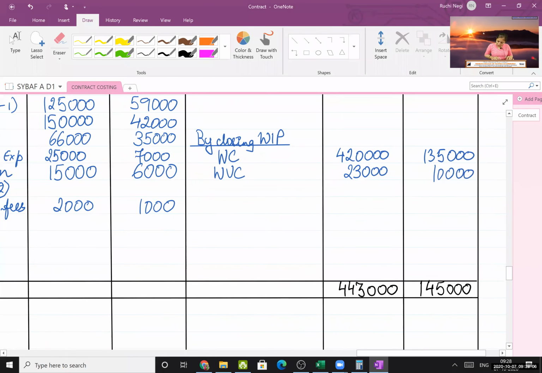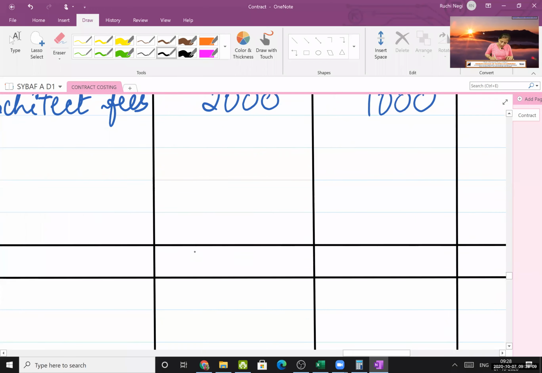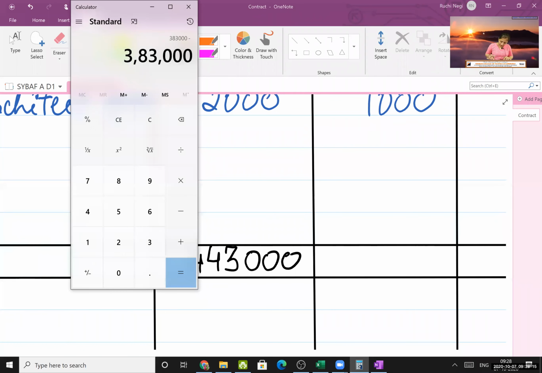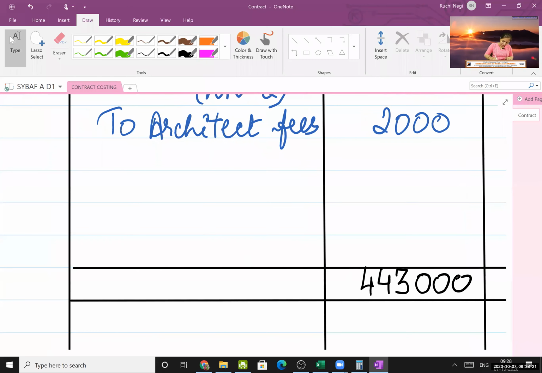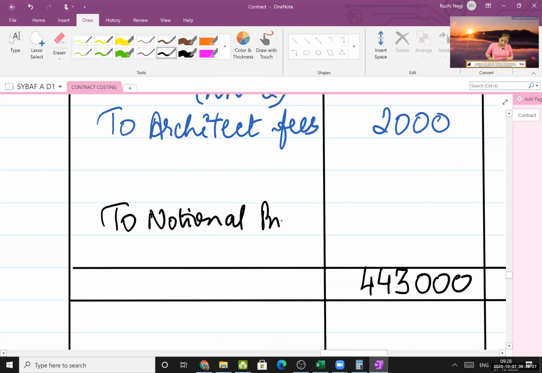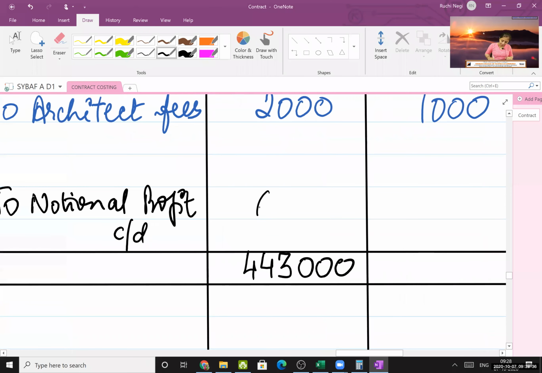So credit side is more. 4,43,000 minus 3,83,000. So 60,000 notional profit I am getting. I'm writing it here, notional profit carried down. How much? 60.